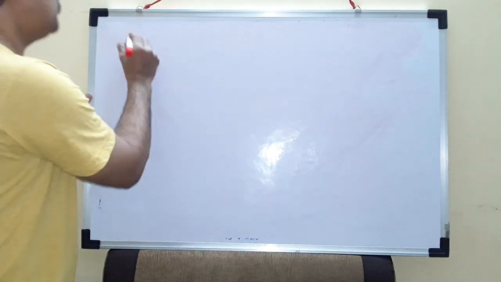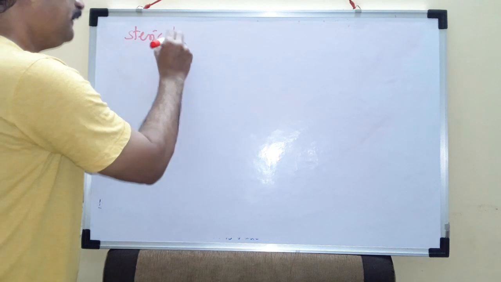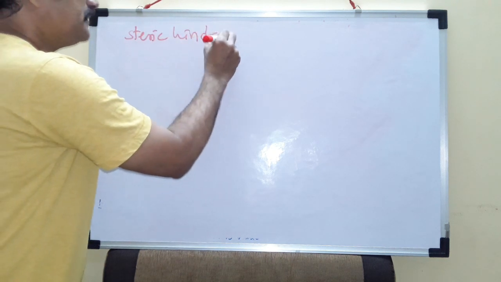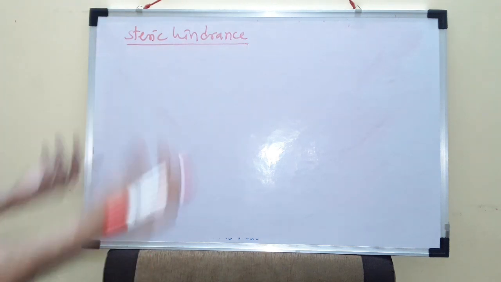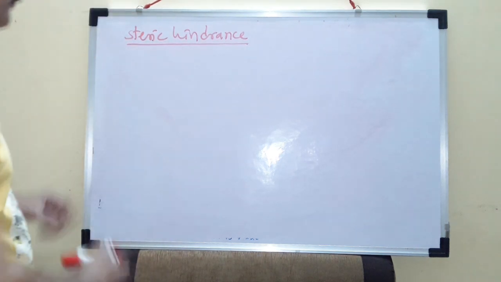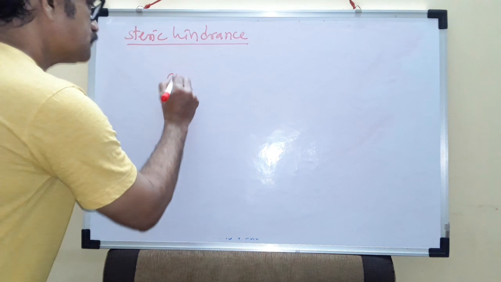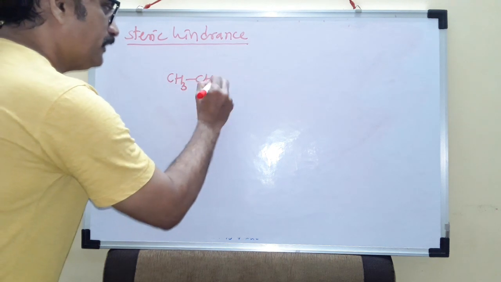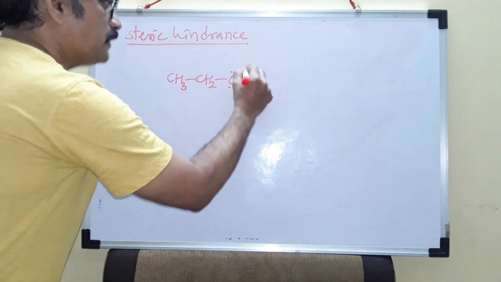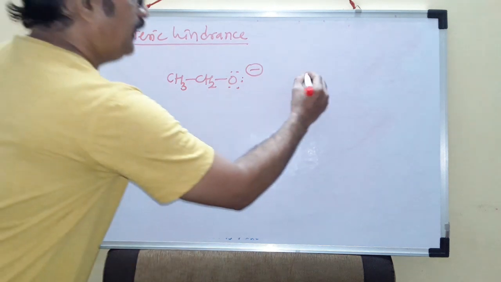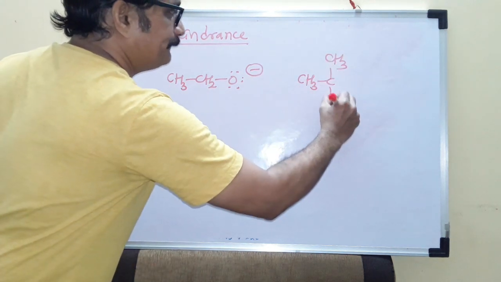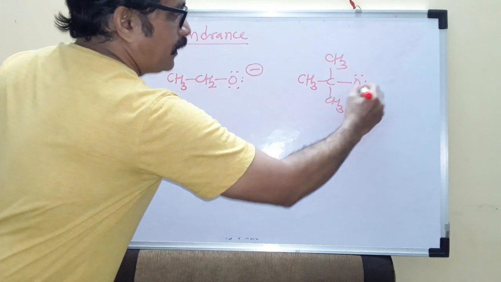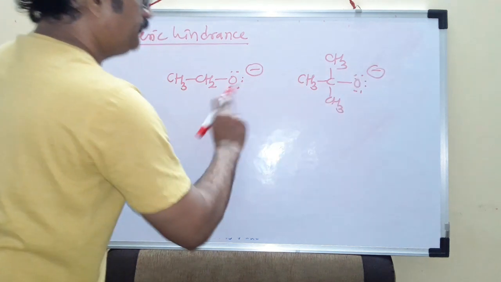Next factor is steric hindrance. What is steric hindrance? You know that very well. There is less room, a very crowded structure. So in steric hindrance, I quote one example: methoxide ion, the same nucleophilic atom I should take, and tertiary butoxide ion. The oxygen is the same in both cases.